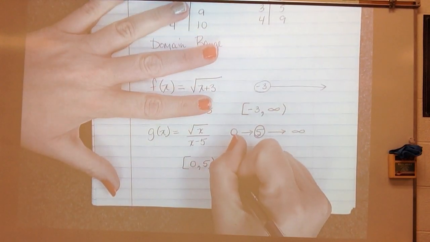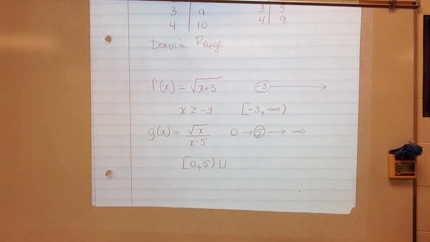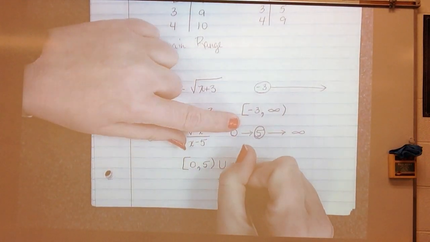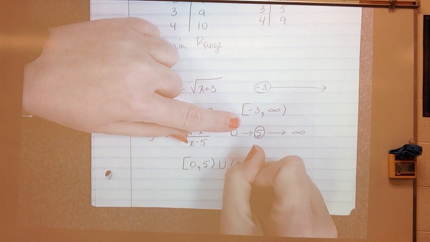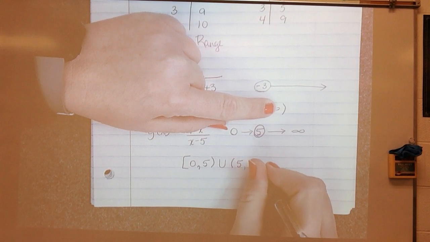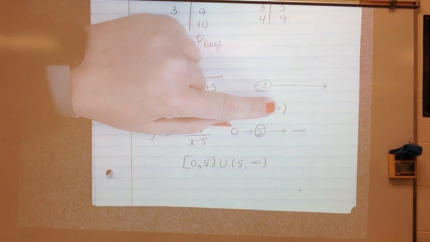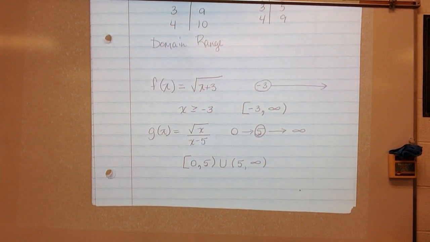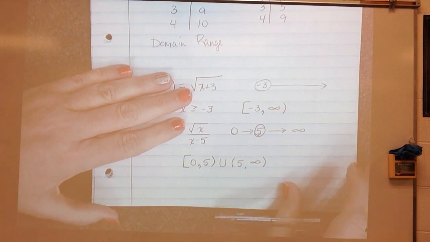Then I'm going to use this little U here that says it's the union. I'm going to start back at 5, but remember 5 is not included, and I'm going to go to positive infinity. Alright? So this would be the domain of this function. If I were to graph it, well, we'll talk about that in a moment. They're going to show us graphing here in just a moment.